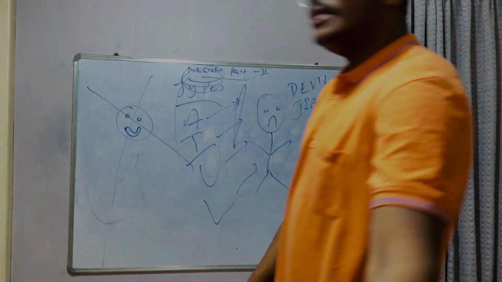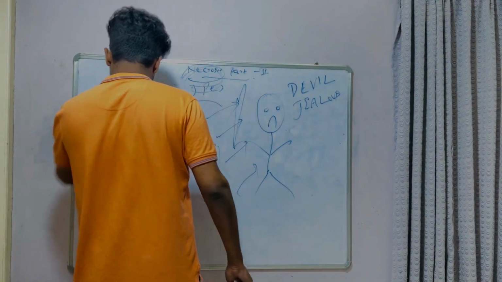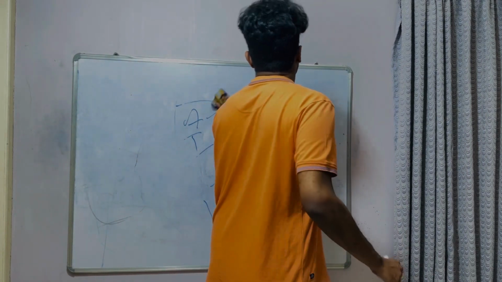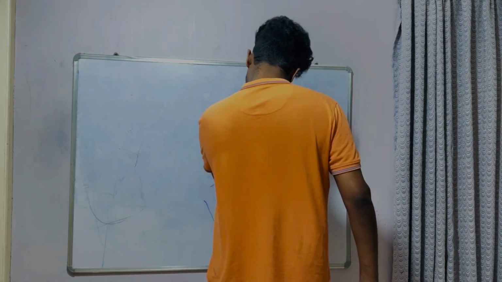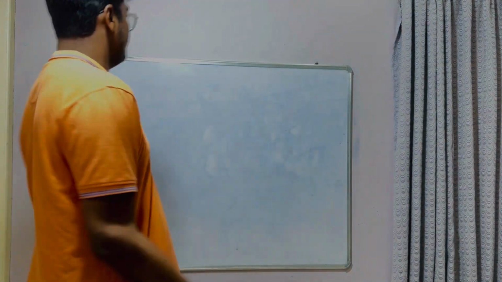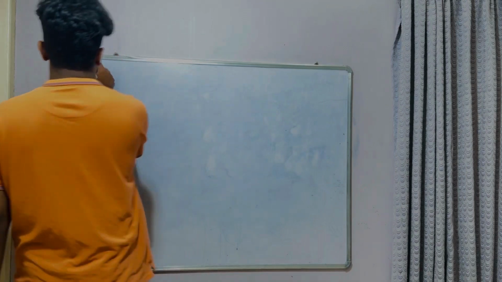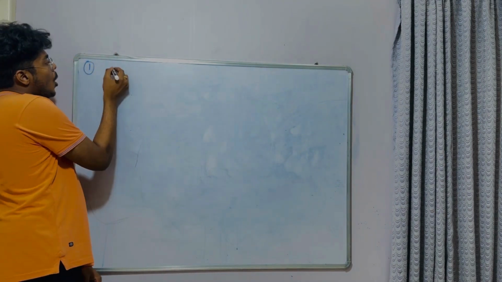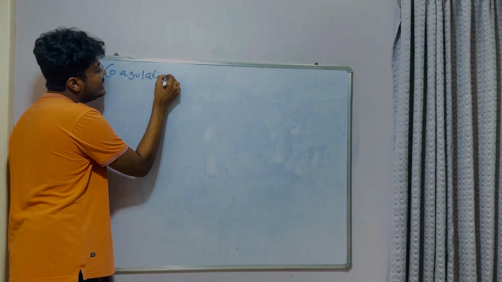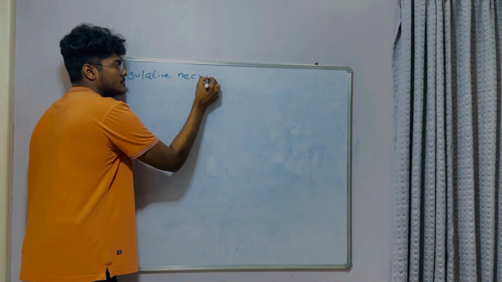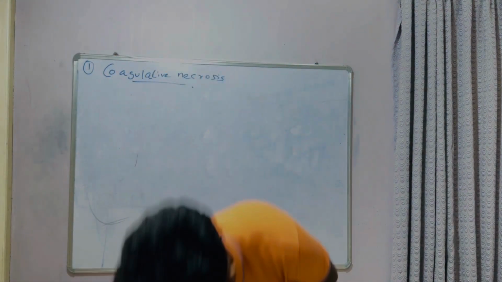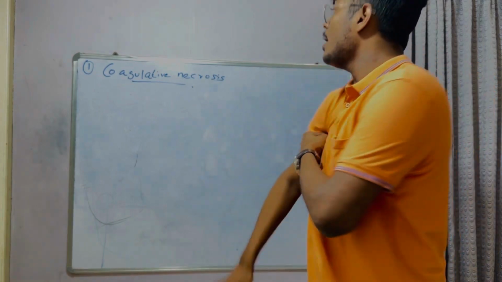Now we have to go into the types of necrosis. What are the different types of necrosis? One, write down: coagulative necrosis. What is coagulative necrosis, guys?